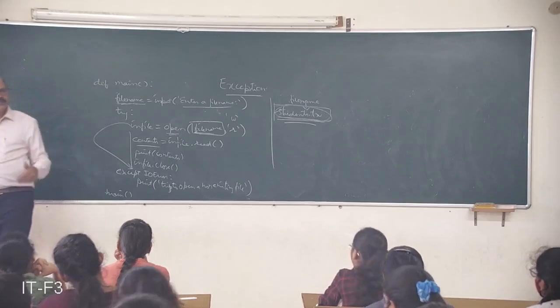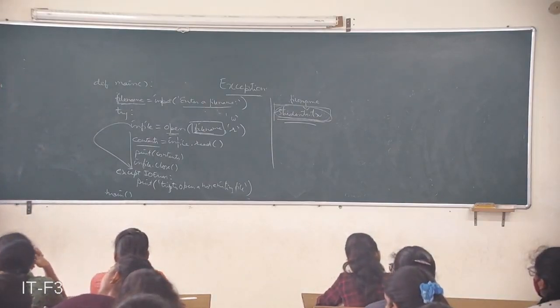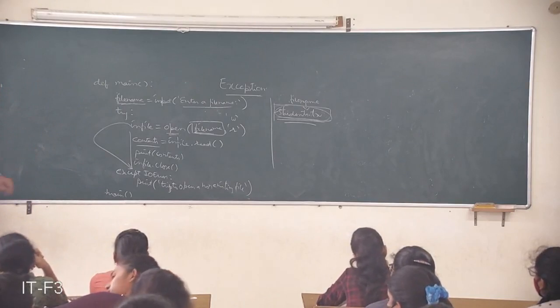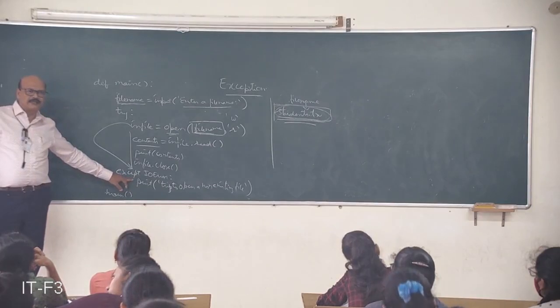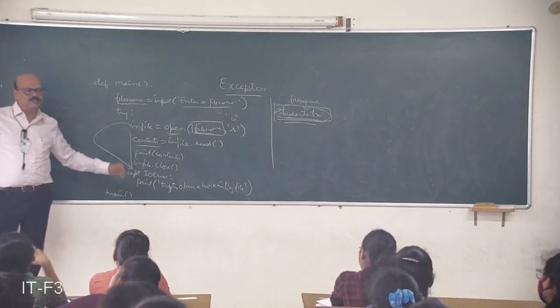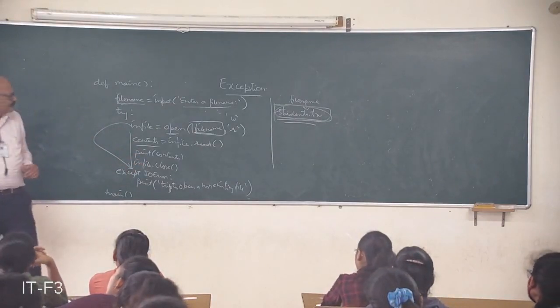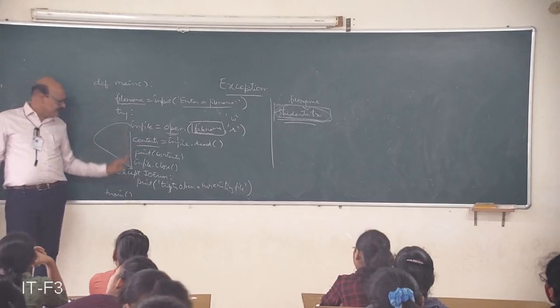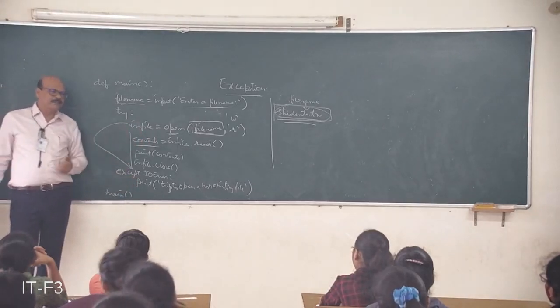So normally the program ends. It will not end abnormally or abruptly. From the try block, the transfer comes to the except block, and whatever statements you have written there will be executed, and normally the program terminates. So we are showing an alternate path of execution for your program when an exception occurs.